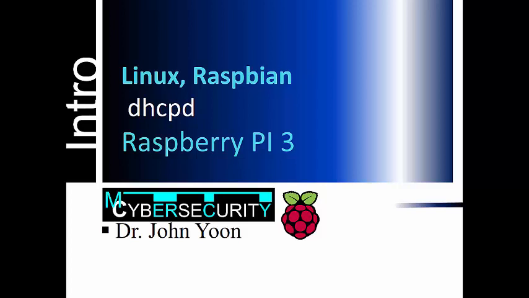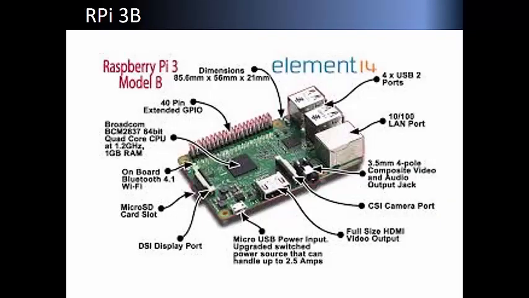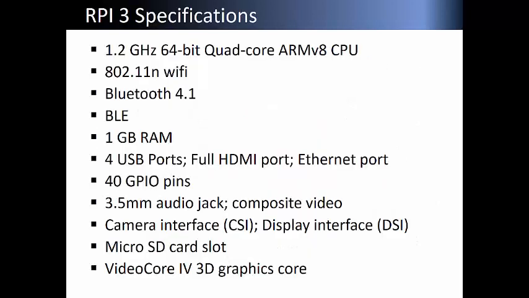Okay, so what I'm going to do, I know you all know Raspberry Pi, so we do not need to review any of those. A couple of things that I want to point out to you. The Raspberry Pi RAM size is 1 GB.